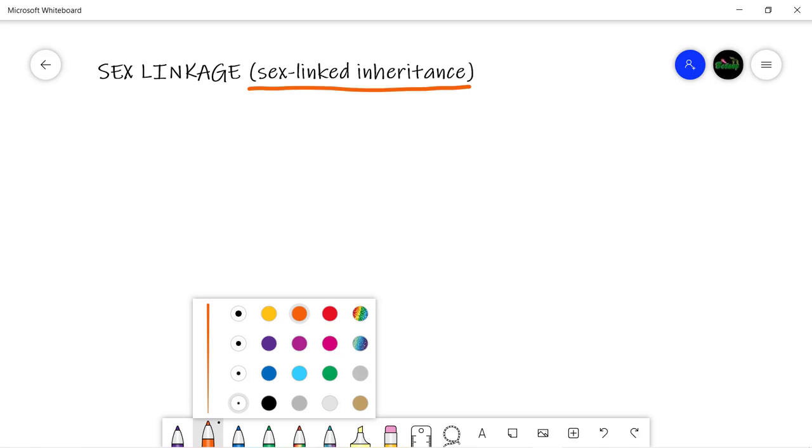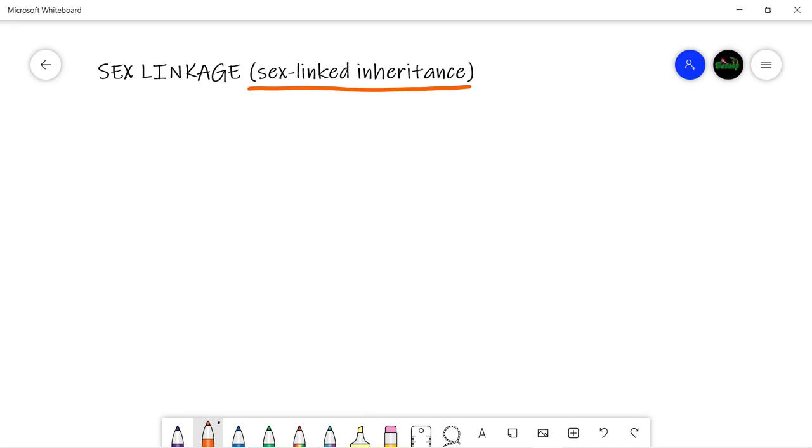Next, we are going to make some crosses. That is, we are going to take an example of sex-linked inheritance, to see how traits in this particular inheritance are transferred from parents to offspring, or in other words, what is the pattern of sex-linked inheritance.